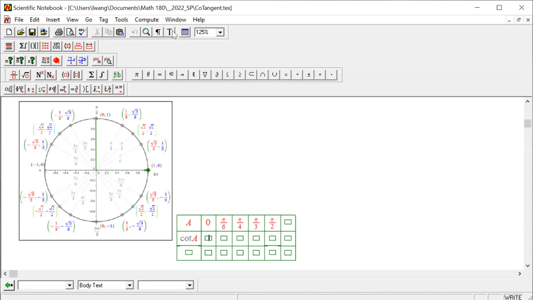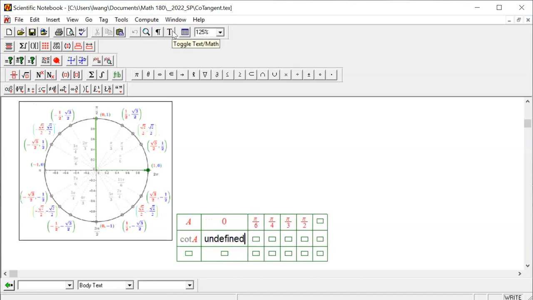So this is where it's undefined. The question is, just like in the case of tangent, when we approach 0 from smaller than 0 and when we approach 0 from larger than 0, that's going to make a difference. So we're going to leave this case as a question mark, and we're going to continue. We're going to come back.